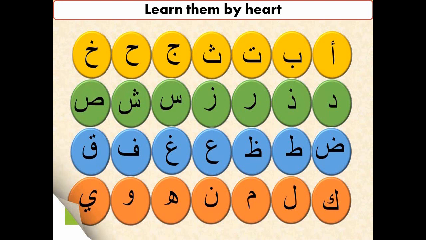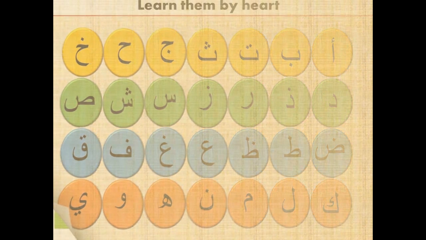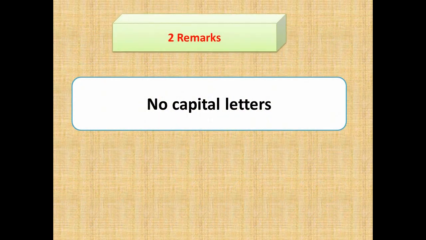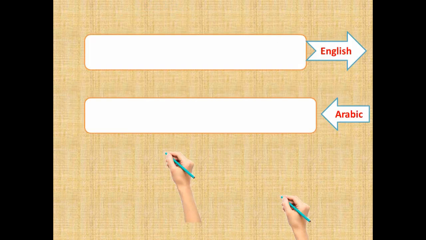Before starting this lesson, I would like to mention two important remarks. The first one, in Arabic, there are no capital letters. It is not like French or English or any other language. The second remark, look at the direction of the writing.